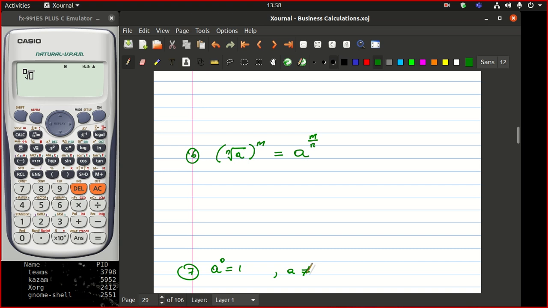You don't want your a to be equal to 0, because 0 to an exponent 0 is undefined. It is not defined, this one here. In maths, they usually call it an indeterminate form. What I want you to know from now on is that having a number raised to 0, as long as this one is not 0, it must always be a 1.